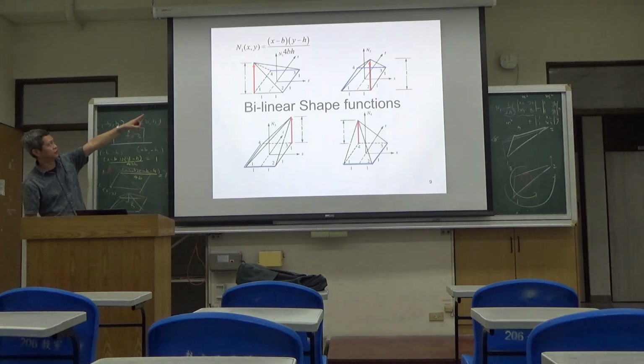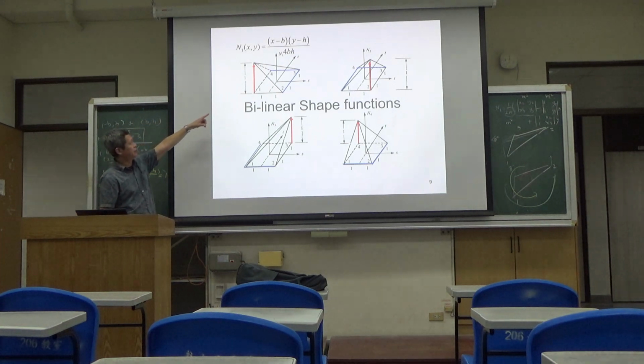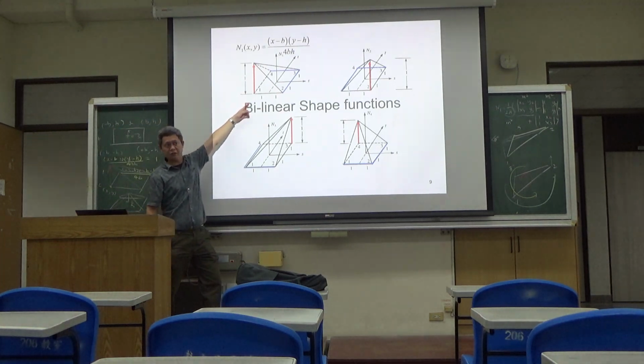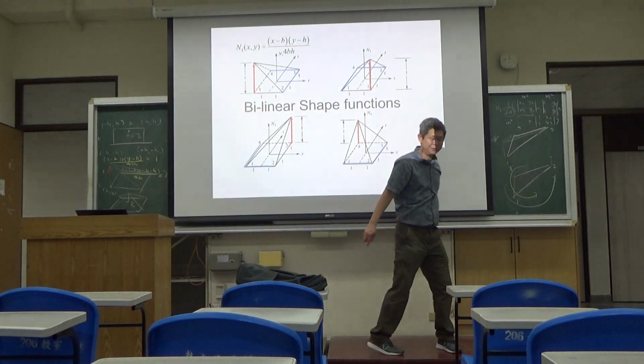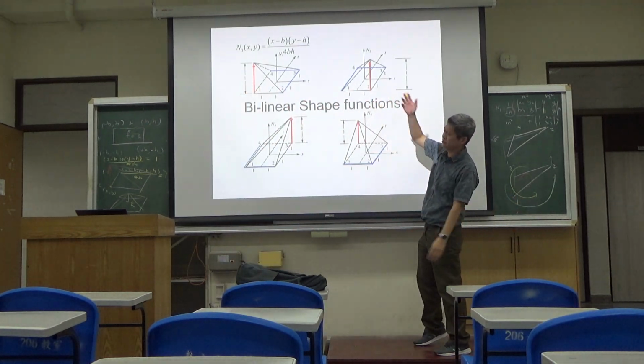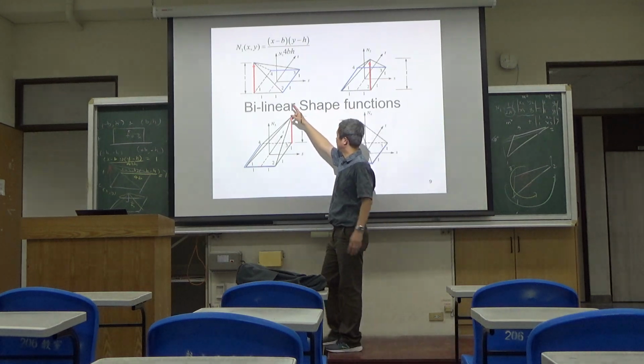You force it to be 0. So this is at minus b minus h. The expression is x minus b times y minus h divided by 4bh. Then you have the shape function 1.